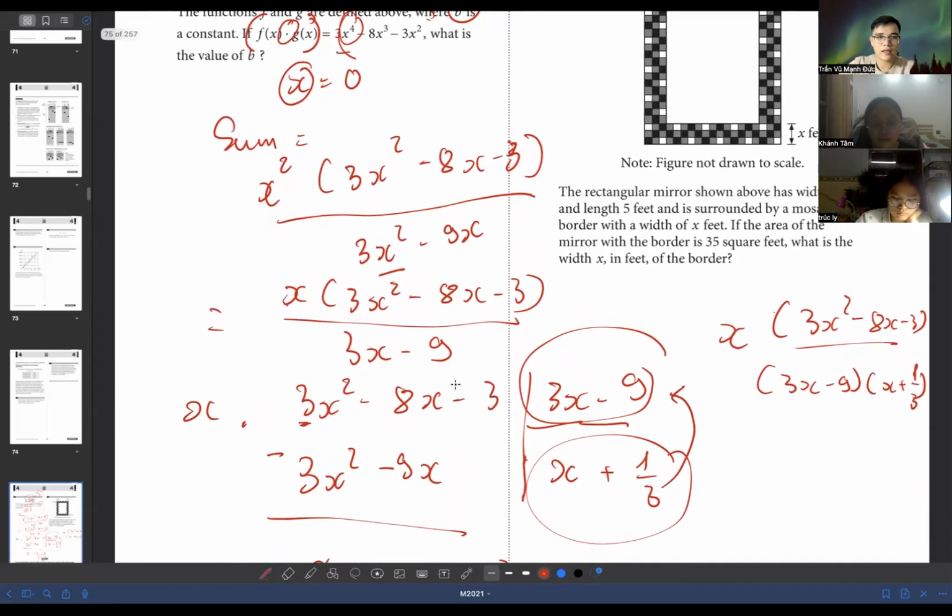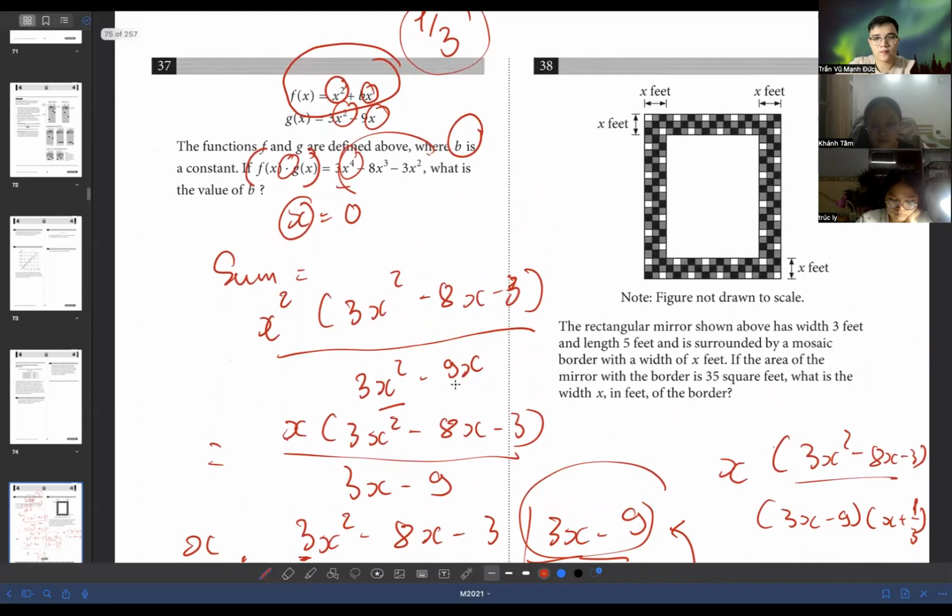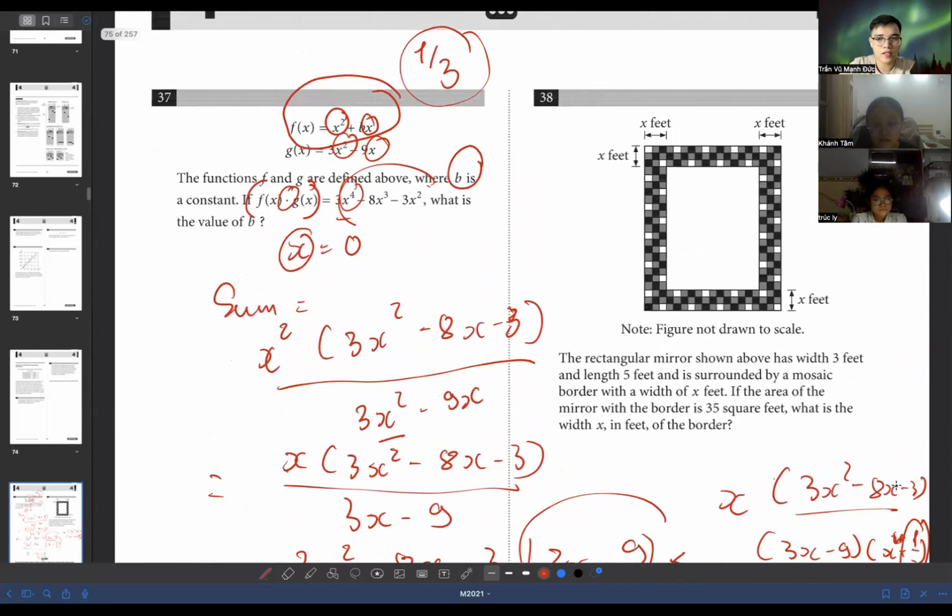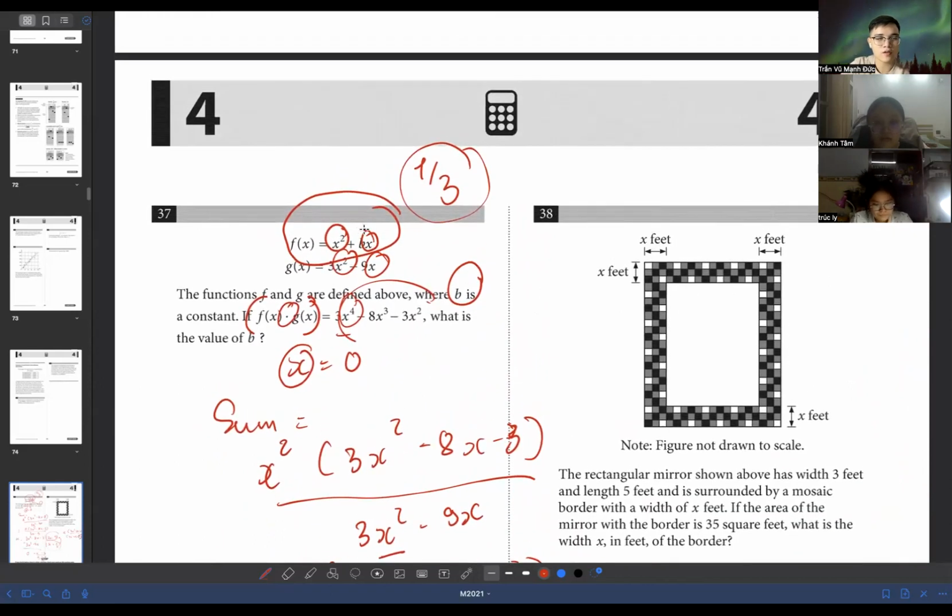So there's no x squared here, but instead x plus 1/3. There's no x squared, there's no x as a coefficient to 1/3. So the answer is 1/3 because this is the only remainder of this one. Because remember, I divided by x, so there's no x anymore. So there's only 1/3, right?